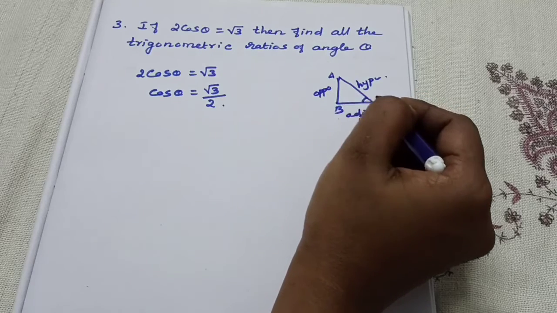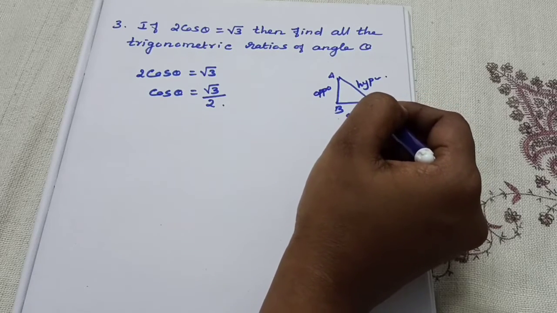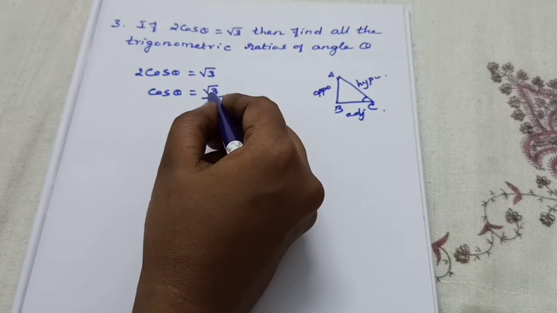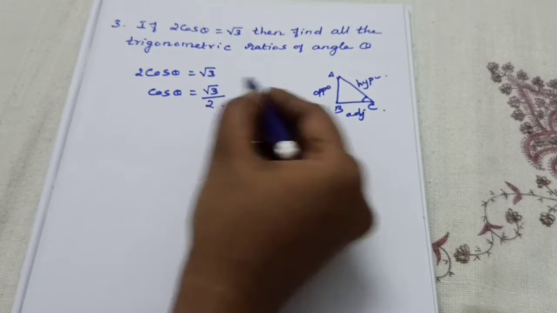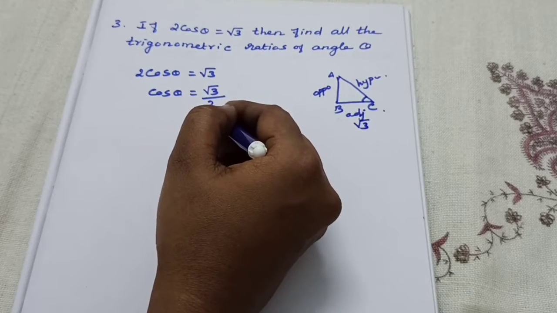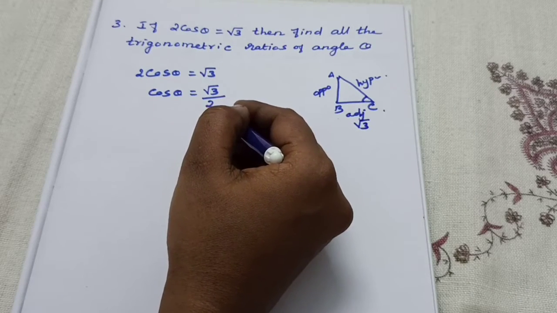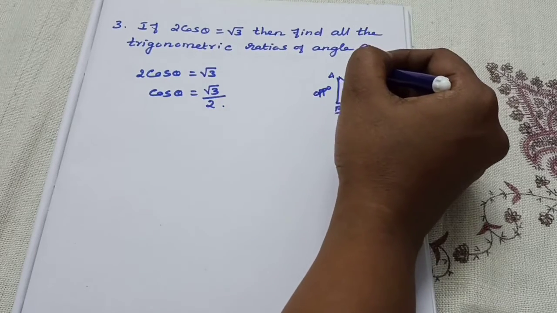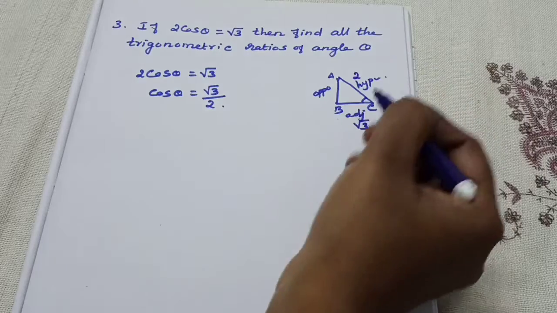Then cos theta is, what's the ratio? Adjacent side divided by hypotenuse. Which is the adjacent side here? What's the value given? Adjacent side is root 3. Then which is the hypotenuse? 2 is the hypotenuse. Have you understood? 2 is the hypotenuse. Any doubt?